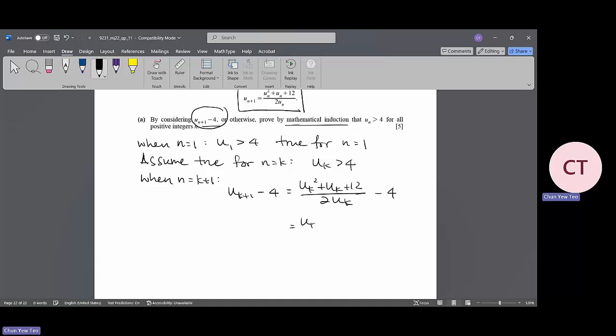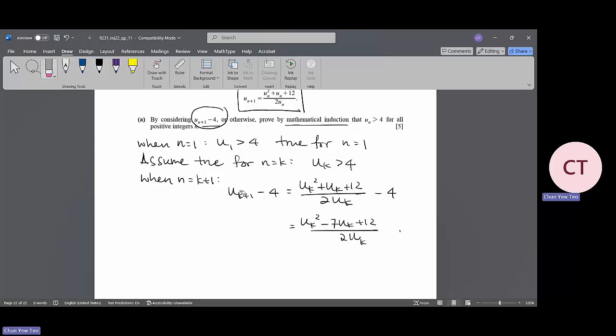Join them up as one fraction. So you get this as -7uk plus 12 over 2uk. Because this one, I make it become 8uk over 2uk if I want to combine these two into one fraction. So joining them, you will get this result.